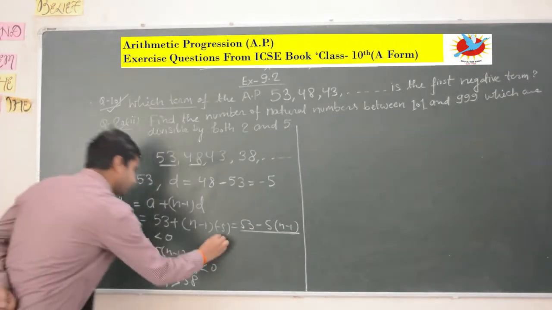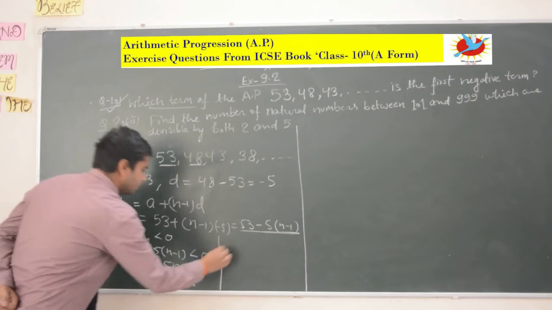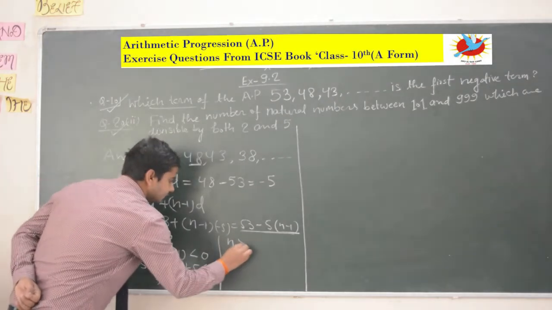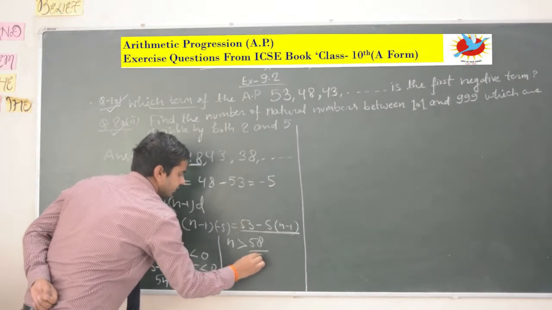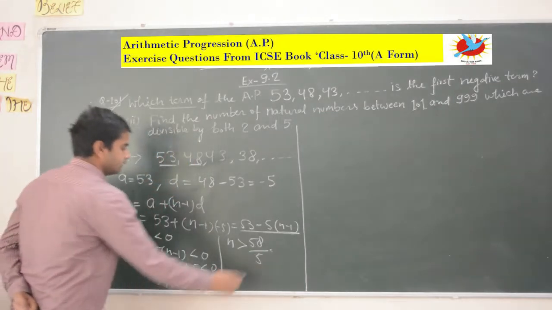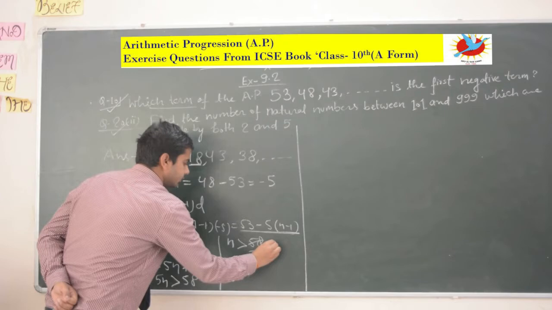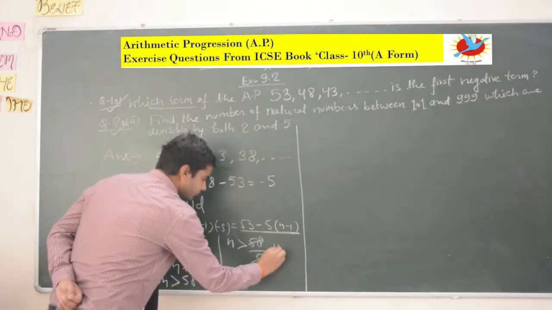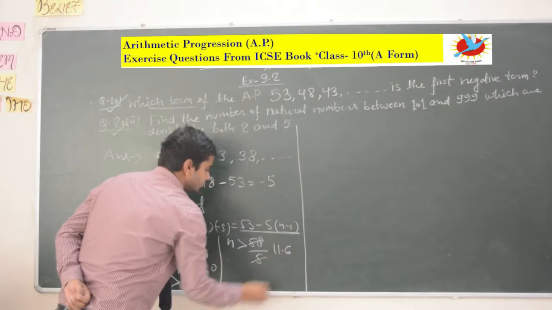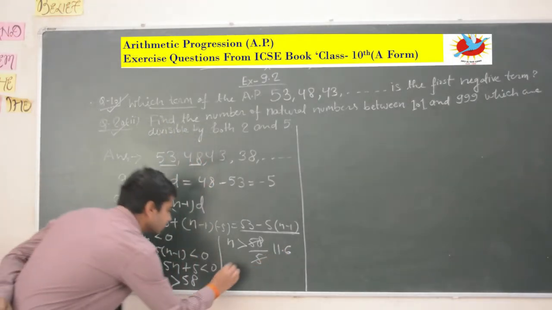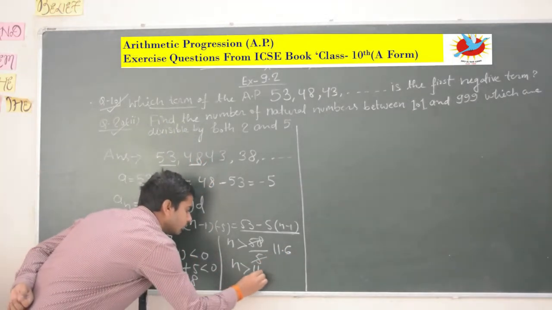If we calculate n from here, we get n is greater than 58 divided by 5. If we divide this number, we get 11.6, so n is greater than 11.6.